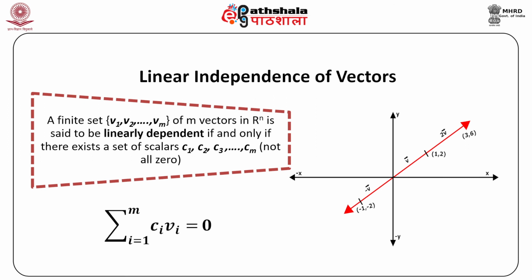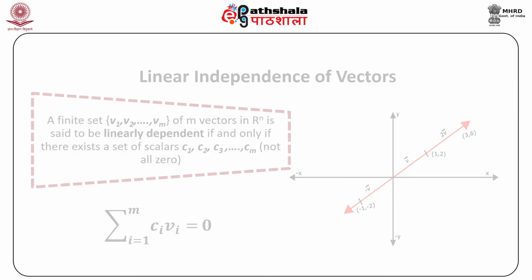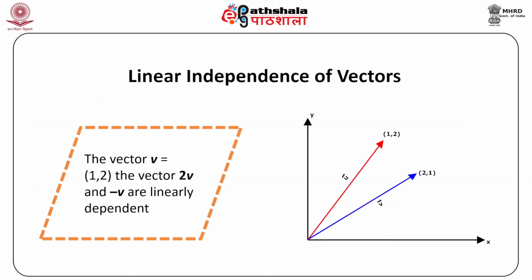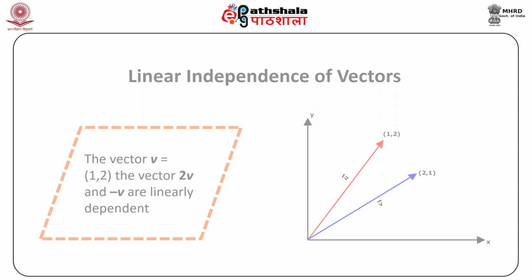We now view the concept of linear dependence or independence in R squared in the figure. It can be seen that for the vector v = (1, 2), the vectors 2v and minus v are linearly dependent. However, in the figure, vectors v = (1, 2) and u = (2, 1) are linearly independent.